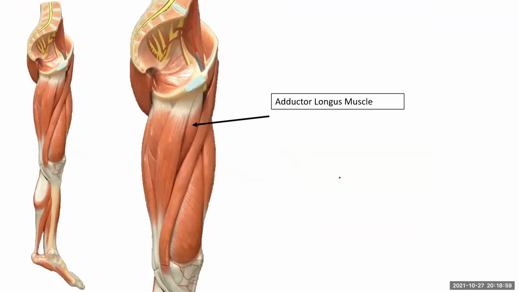Now we're looking at a medial view of the thigh. Again, I know it's medial because I can see the big toe down here. All right, so this is the medial view of the thigh. Here's Adductor Longus on the medial view. This is anterior. This is posterior. So the Adductor Longus is more anterior out of the medial compartment muscles. Okay, we're going to skip this muscle and we're going to just go right to the back here.